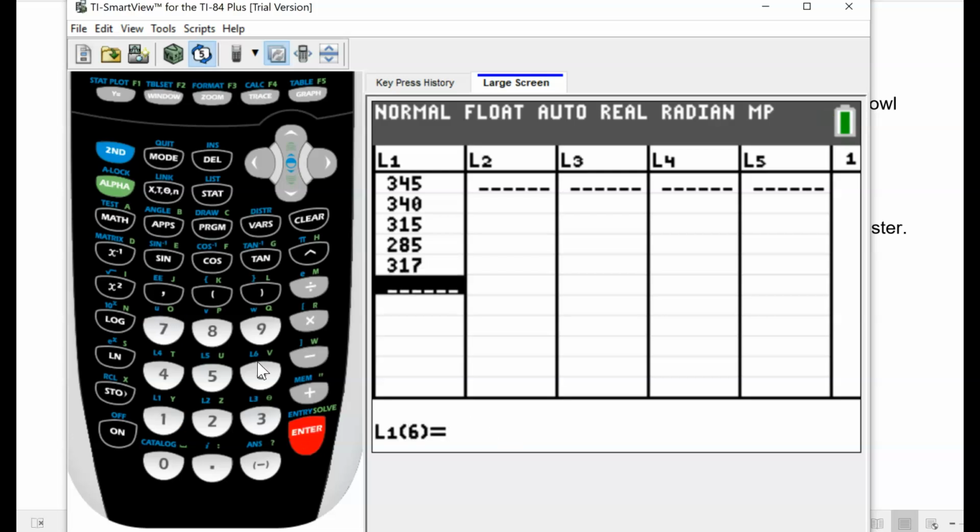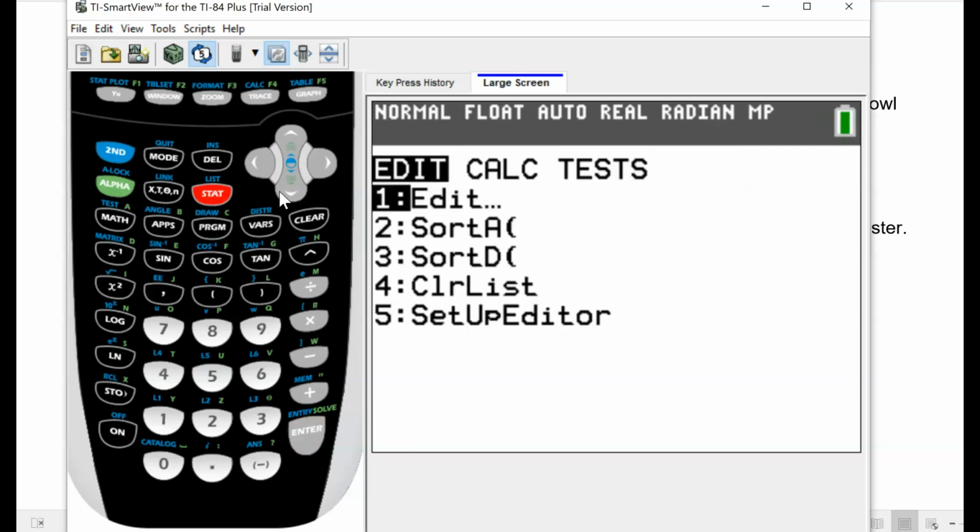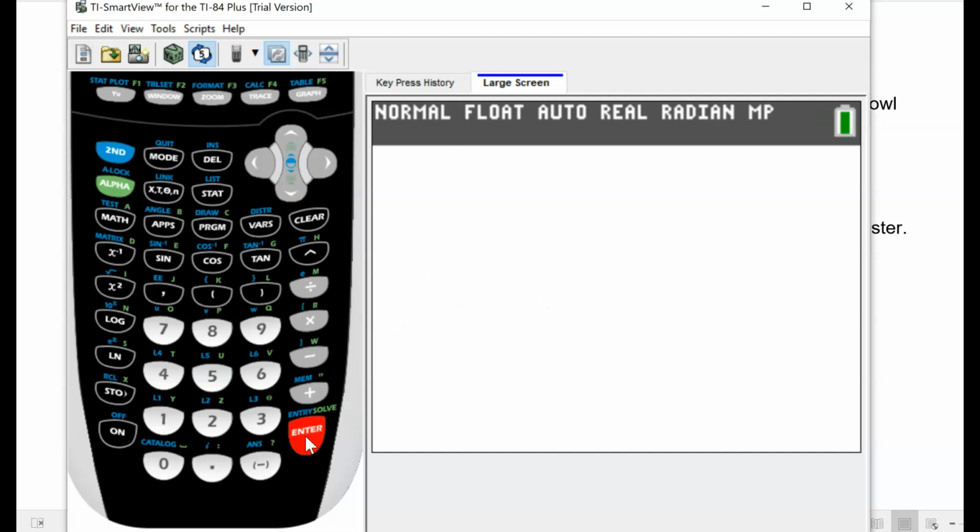Then I'm going to hit Stat, go down to Sort A, that stands for Sort Ascending, which means least to greatest. Hit Enter, and then you have to tell the calculator what list to sort. Now I put all of my numbers into L1, so you'll notice there's an L1 above the 1 key, so just hit second, 1, and then Enter.